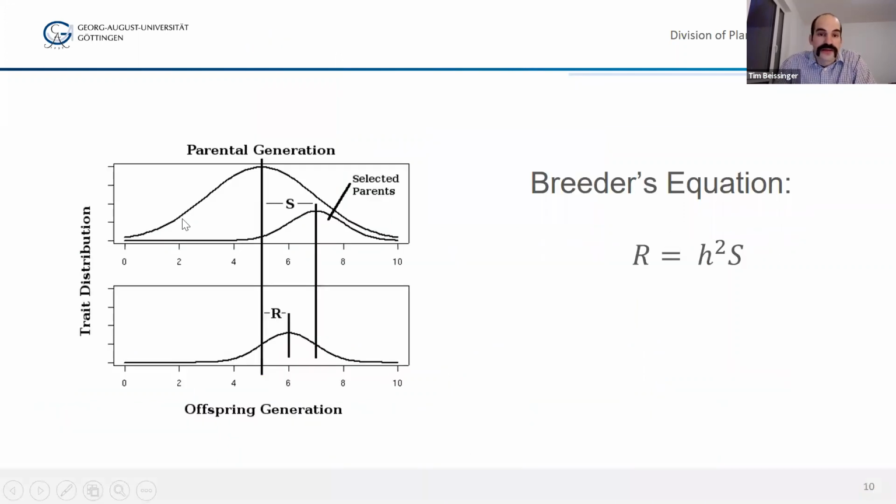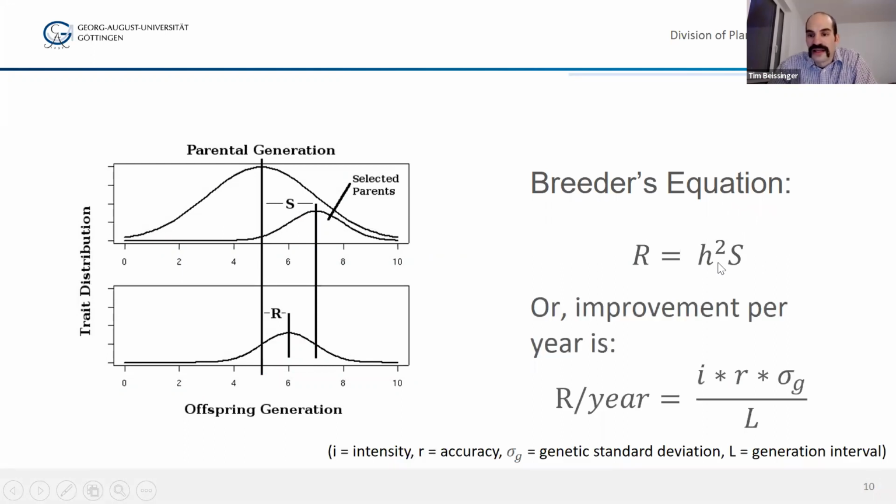So if we look back at the breeder's equation, response to selection equals heritability multiplied by the selection differential, this can be translated into response per year, depends on L, the generation interval. So these are equivalent formulations. And as you can see, the longer your generation interval, the less response to selection per year you have.